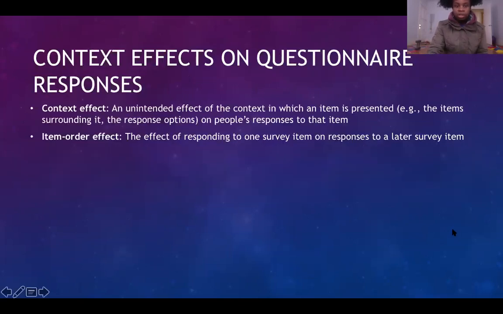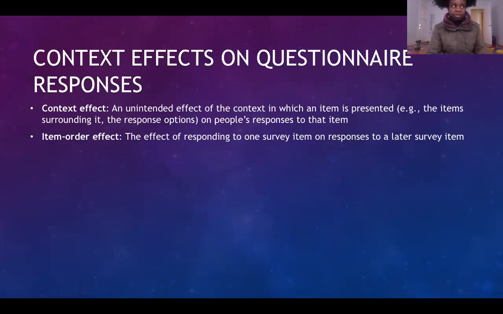Okay, so context effects on questionnaire responses. Okay, the heart of any research project is the survey questionnaire itself. Okay, constructing a good survey questionnaire is not easy for several reasons. One, the answers people give can be influenced in an unintended way by wording.